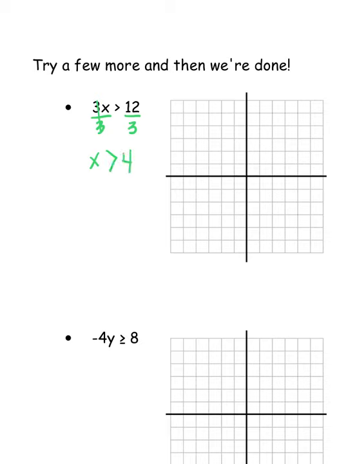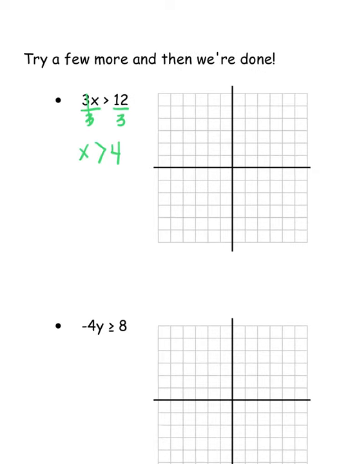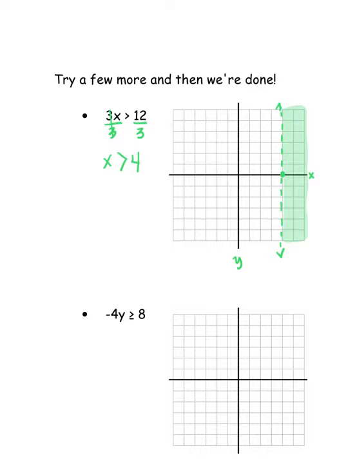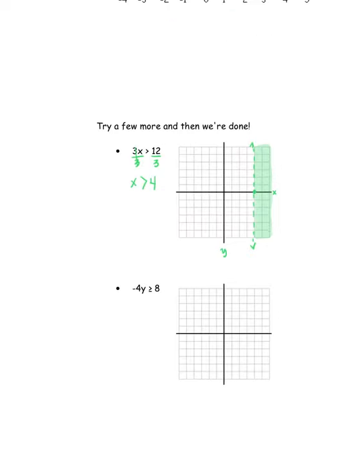I'm only going to use one dot here because I only have one variable, x. My point is at 4, and it's greater than, so I'm drawing a dotted line through the x-axis, and I'm looking for all numbers greater than 4. So I'm going to go to the right of the graph, of the line.